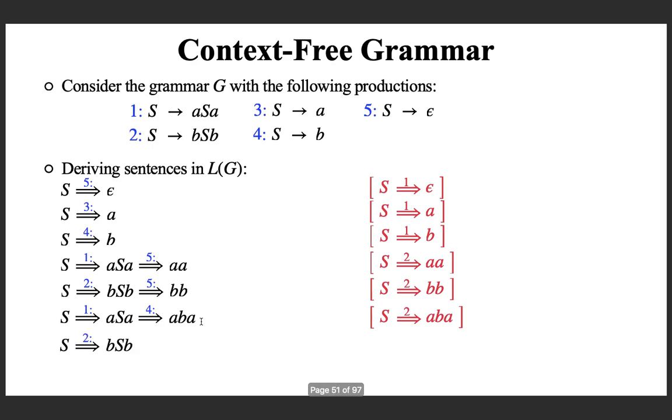Next example, if you apply production number 2 to begin with, you are getting this. Then apply production number 1, which is ASA, so you are replacing the middle S with ASA, you are getting this. Now if you apply production number 4, what you do is you replace this S with a B, you are getting BABAB.